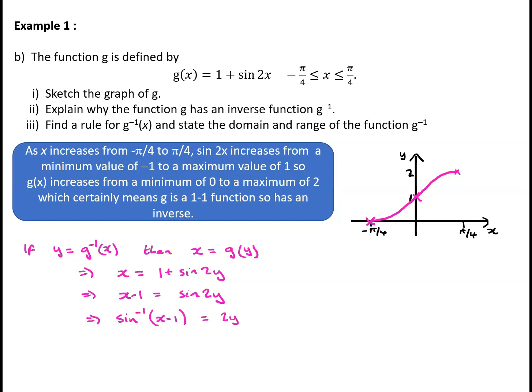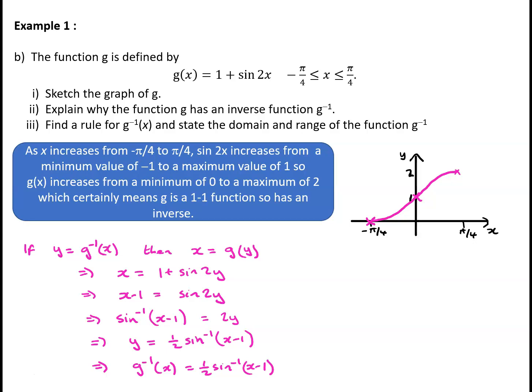Applying the inverse sine function, I've got now inverse sine of x minus 1 must equal 2y. In other words, y must be a half inverse sine of x minus 1. So the rule for g inverse of x is g inverse of x is a half inverse sine of x minus 1.